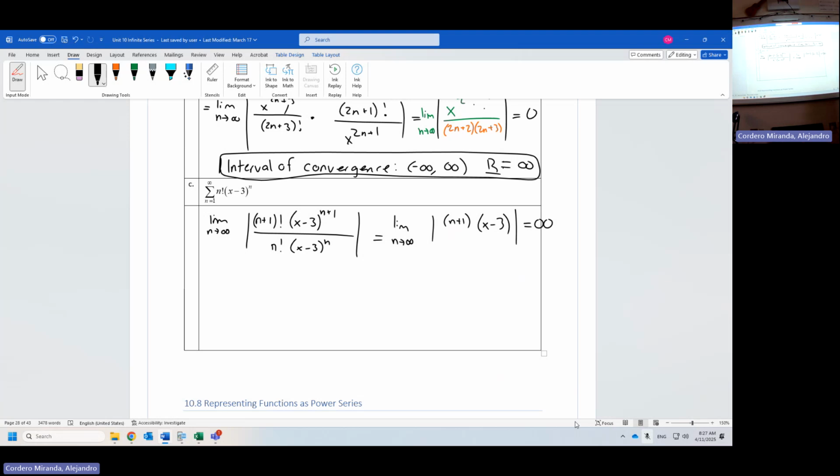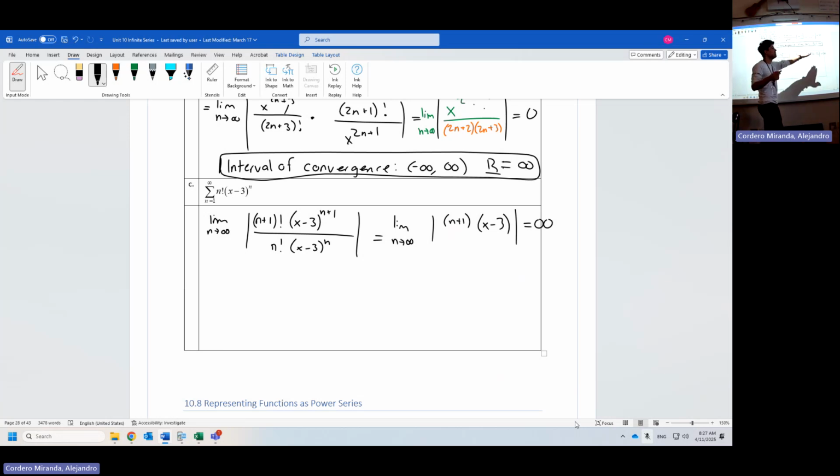Correct. And then another question: infinity, when is that smaller than 1? Never, ever. So you can't plug anything into x to make this converge, except the one special value.